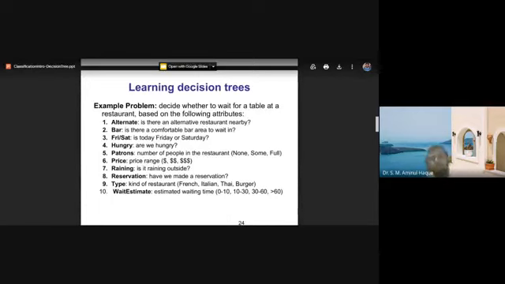So in the real world, we have data sets that contain hundreds of attributes like this, affecting the decision. Clear?